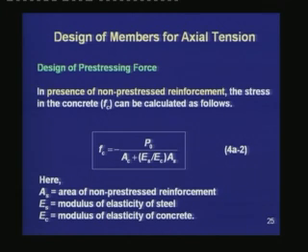Thus, here we have two expressions for the calculation of the stress in the concrete at transfer. We have a simpler expression if there is no non-prestressed reinforcement, and if there is non-prestressed reinforcement, then we have a more accurate expression which involves the moduli of the two materials.